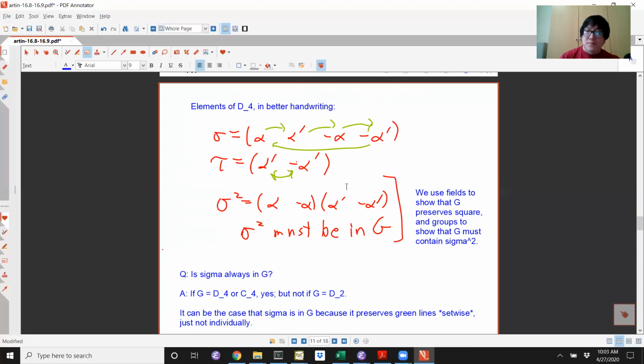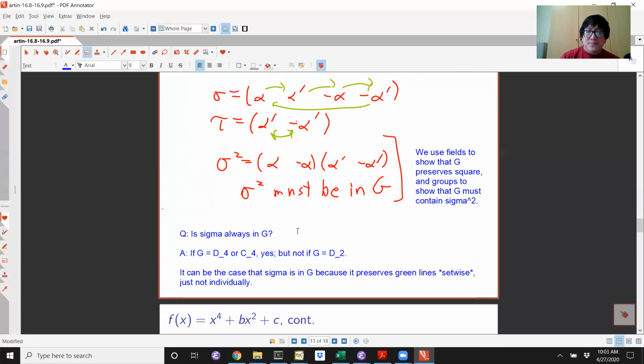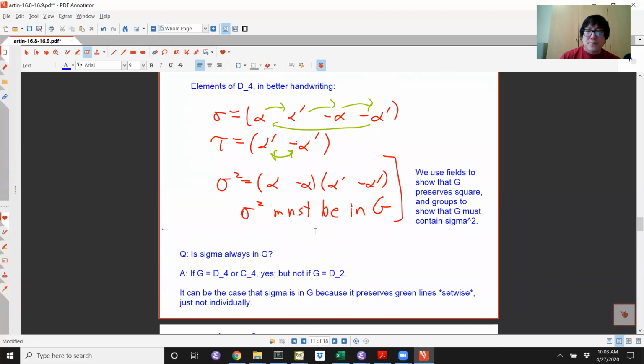Yeah, it's tricky. Right, but the strange little thing that we get here is that sigma squared is always in G, no matter what. And let me pull back and explain why that's significant.